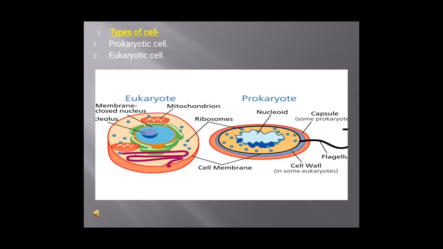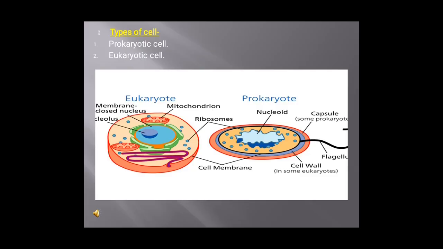Example, bacteria. And the eukaryotic cell is large in size, the nucleus is surrounded by a nuclear membrane, and more than one chromosome is present. Examples are amoeba, humans, animals and plants.